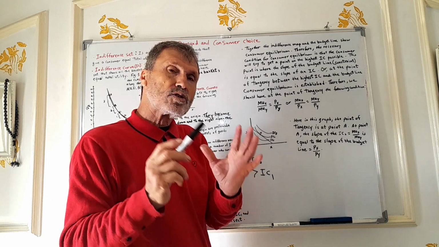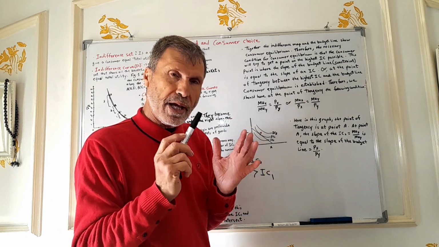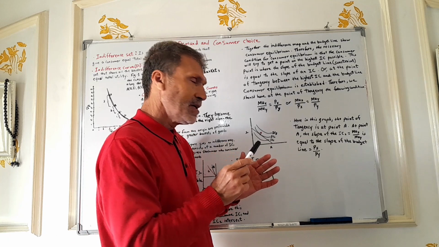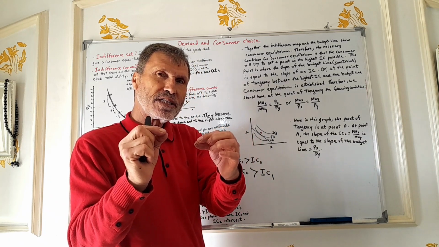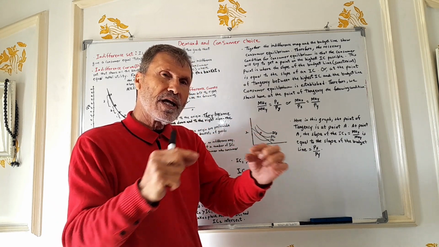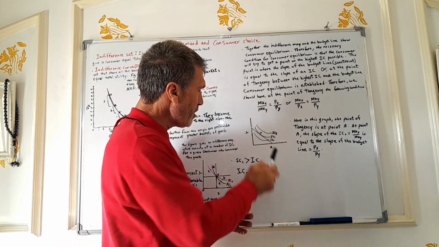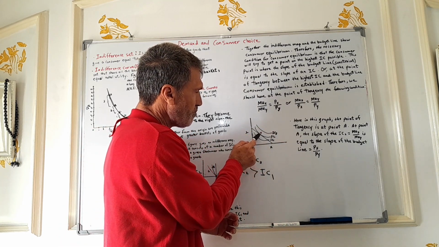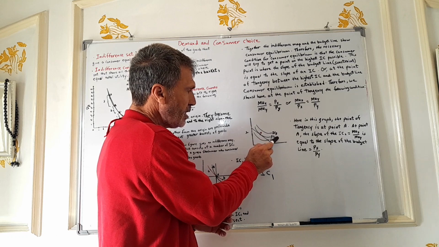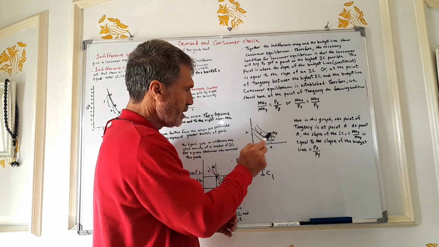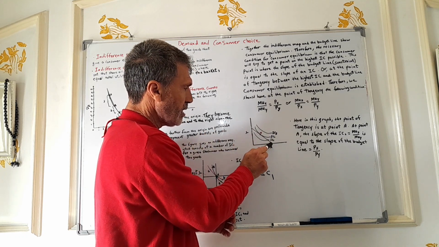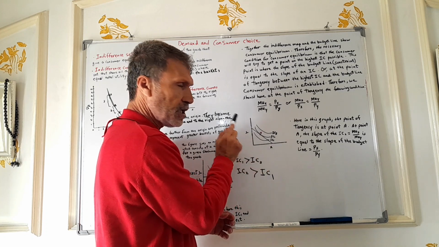So consumer equilibrium will be located at the point of tangency between the budget line and the highest indifference curve. Here, the point of tangency is at point A on IC2. This is the highest indifference curve that the budget line will reach.